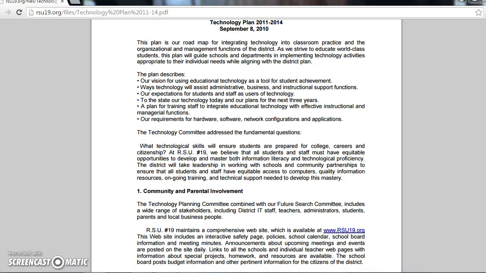It describes the technology we currently have and the plan for the next 3 years. It describes a plan for training staff to integrate educational technology with effective instructional and managerial functions. And it lists the requirements for hardware, software, network configurations, and applications.